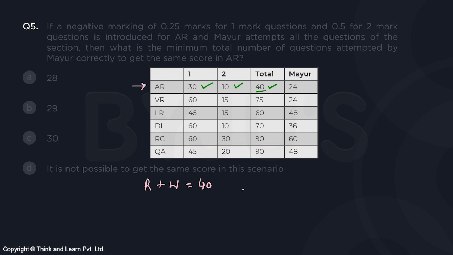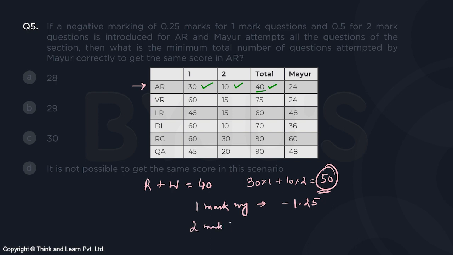So let us say he does all questions correct. 30 questions of 1 mark, 10 questions of 2 marks will give his score as 50. Whenever he does a 1 marker wrong, his score will reduce by 1.25. Why? Currently, I am assuming he is getting 1 mark, but he will not be getting that 1 mark. Apart from that, he will be getting a negative marking of 0.25 as well.